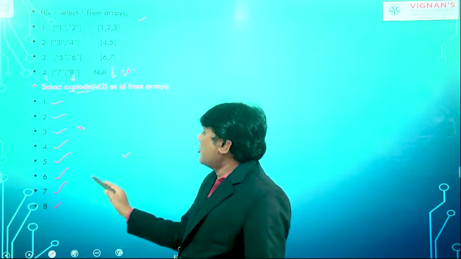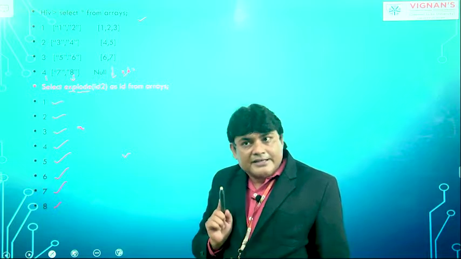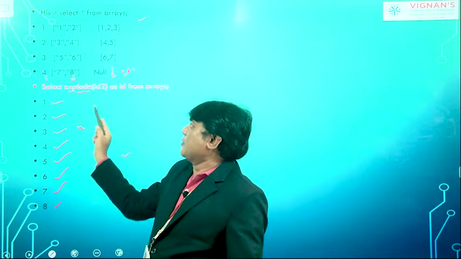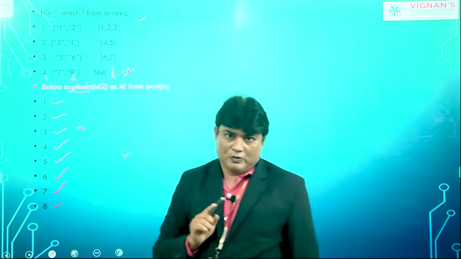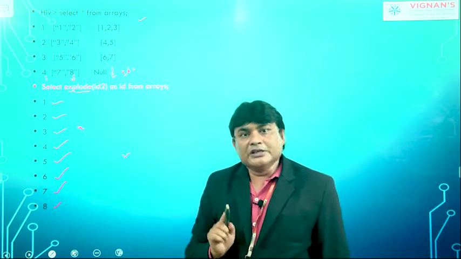In some cases, for one row you may get the result in terms of multiple rows. That is called explode. In this way, these explode functions can be useful in Hive.